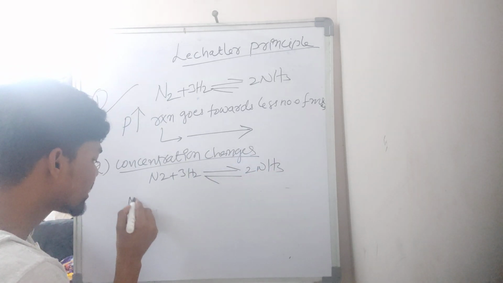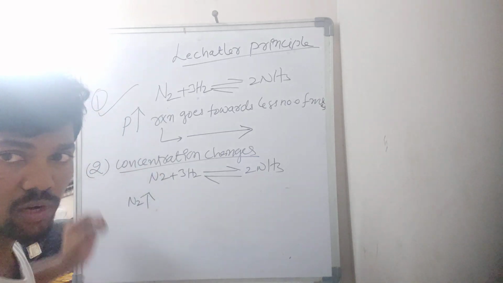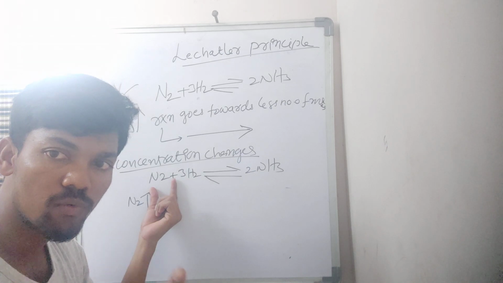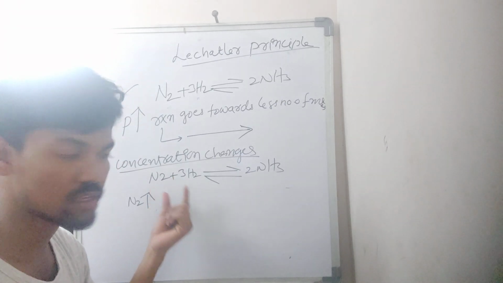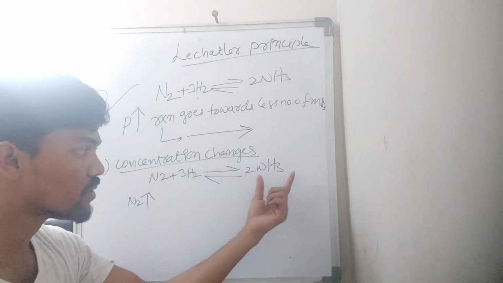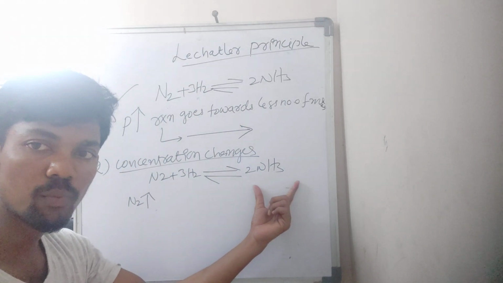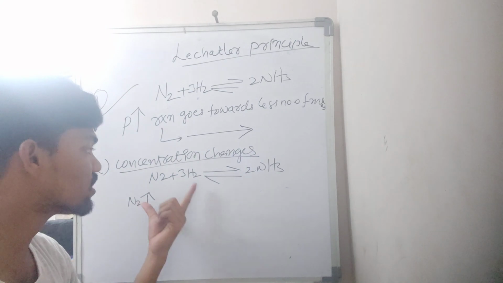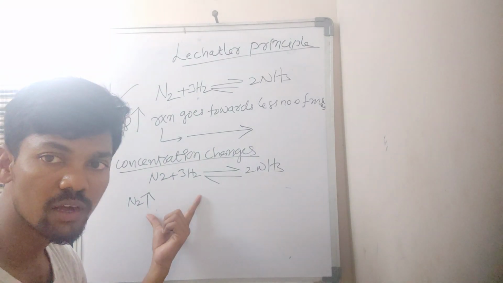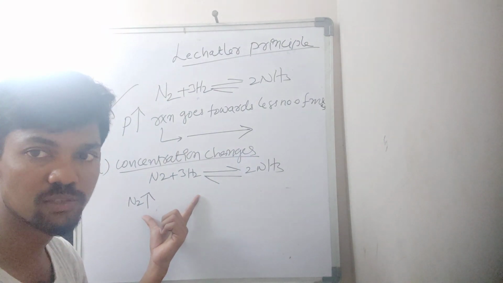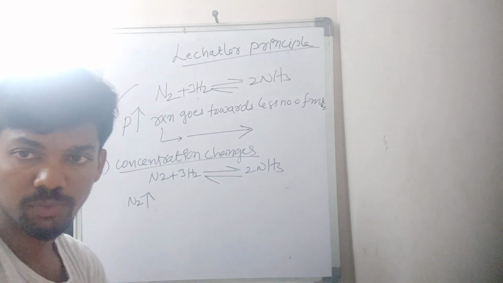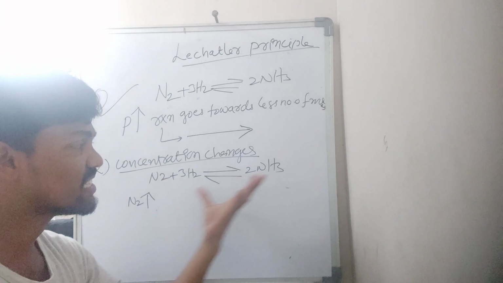If I increase the N2 concentration, adding one more N2 on the reactant side, now tell me, comparing the product side and the reactants, which has more concentration? The reactant side has more concentration, and the product side has less.